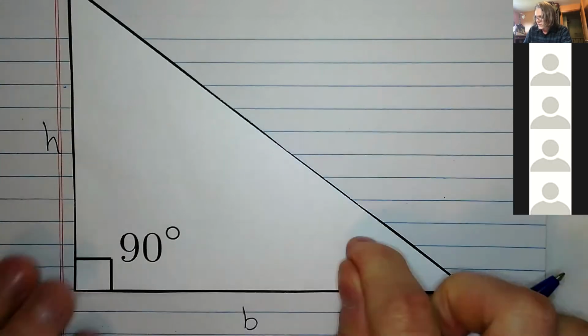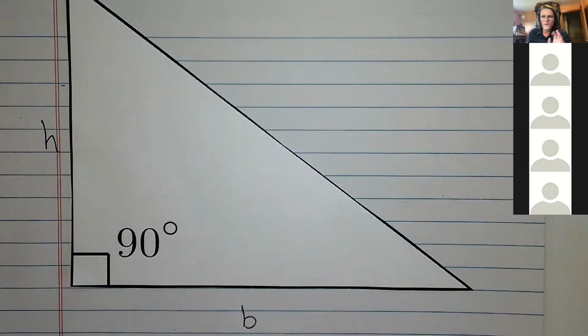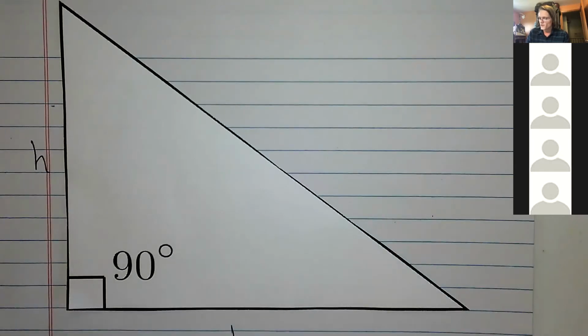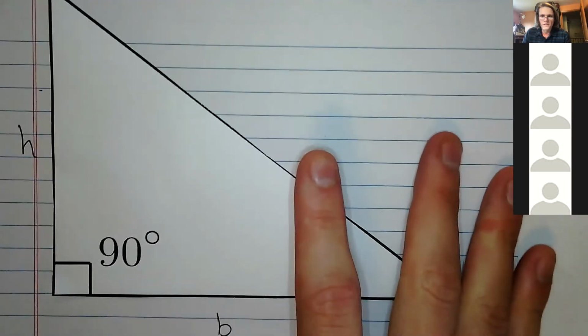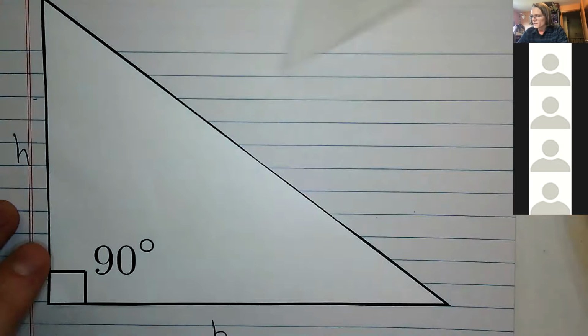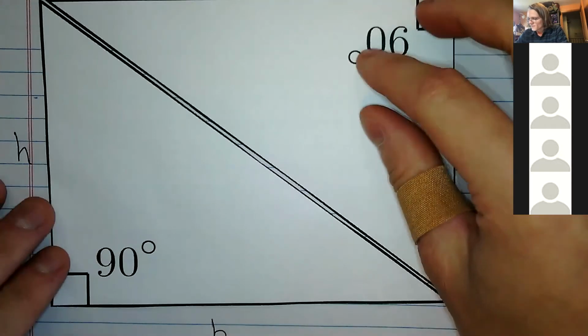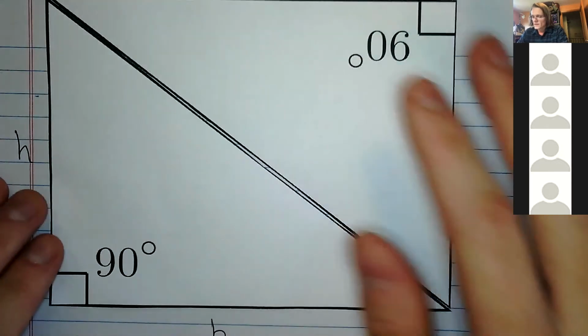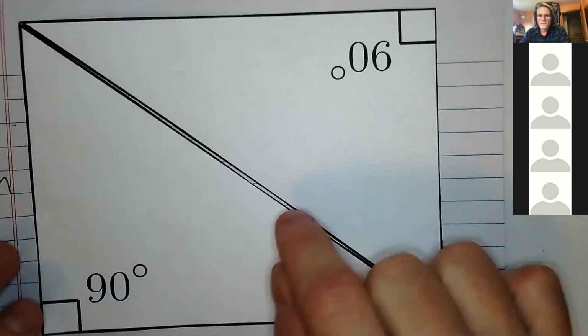All right, now, we're going to do almost the same trick, but it's going to be slightly different. So if I make a copy of this triangle, and I put it here. Oh, that's not right. Here. There we go. So it's the same triangle. These two triangles are the same, right?